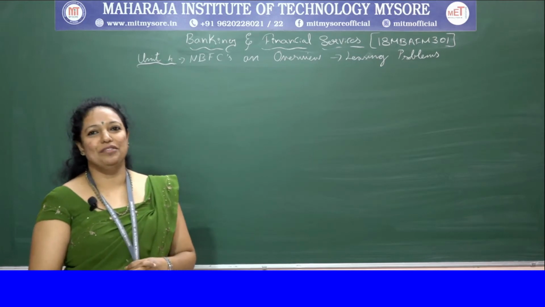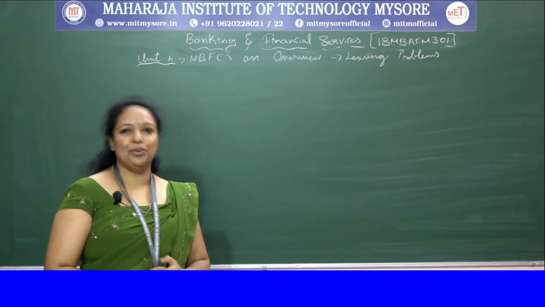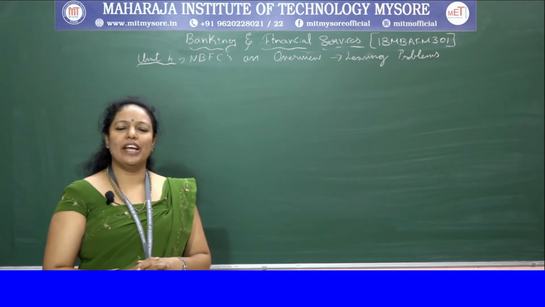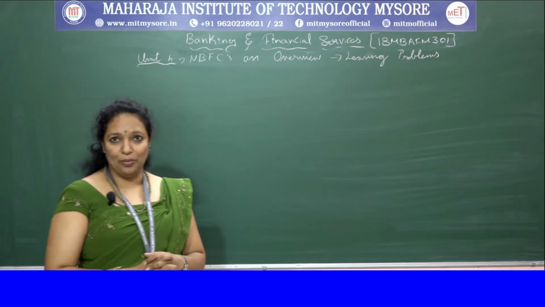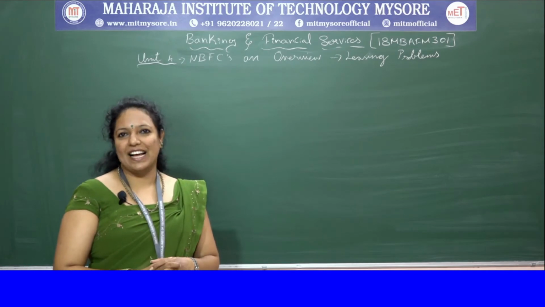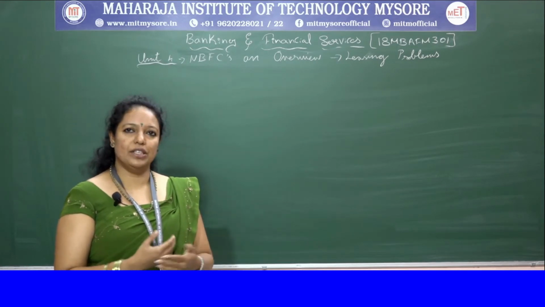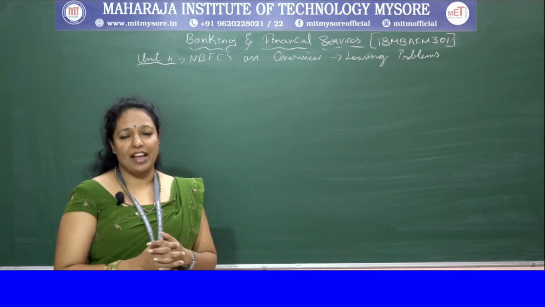We are doing Unit 4, which is NBFC and Overview, and in that we are doing leasing problems. As of now, we have finished 4 problems. In today's class, we'll be doing the 5th problem, which is quite similar to the previous problems which we have done.